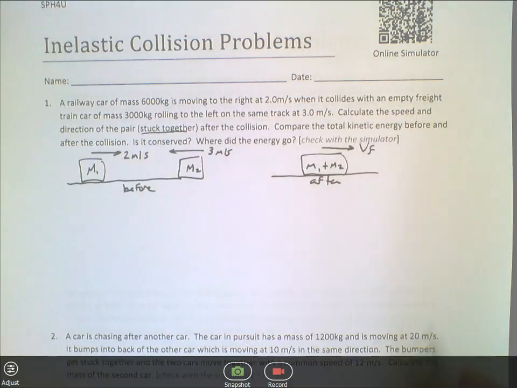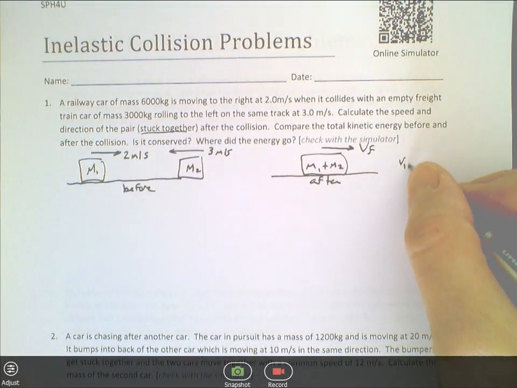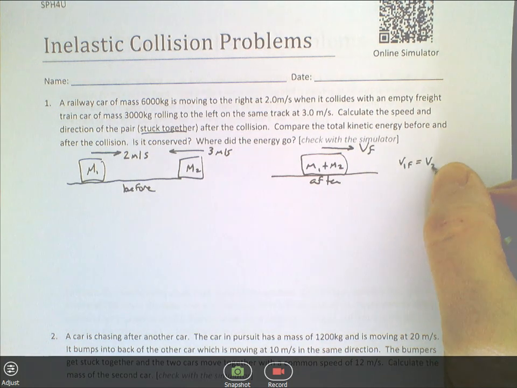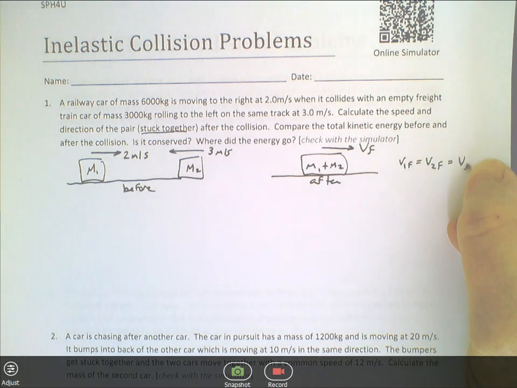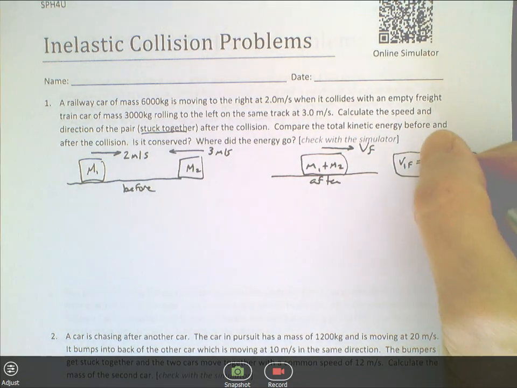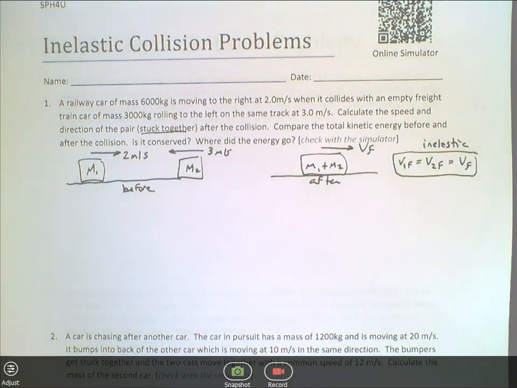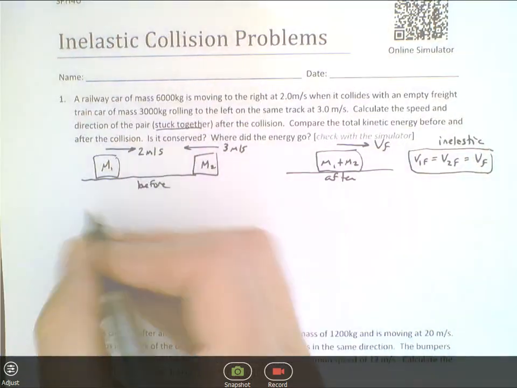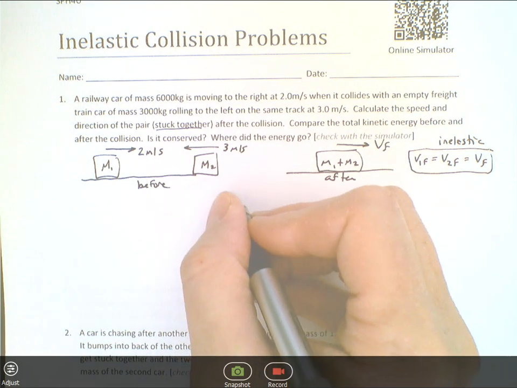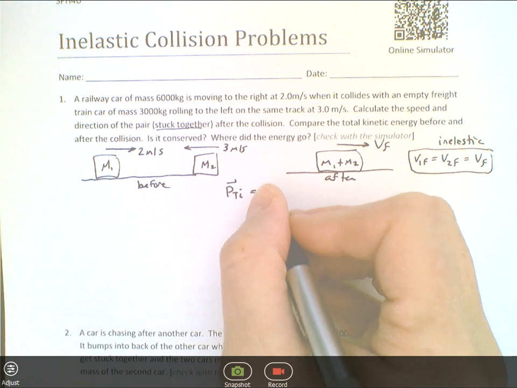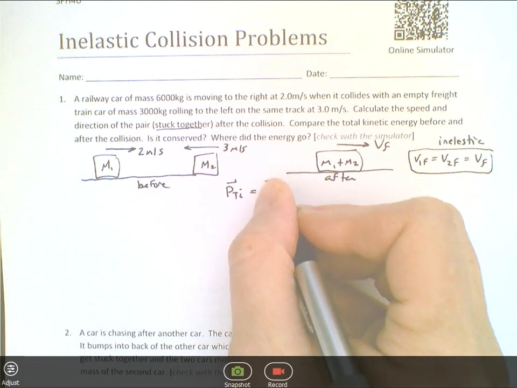Just like before, v1f is equal to v2f equals a common velocity of vf. And this is only for inelastic type problems. Okay, what do we know? Well, we know that the total momentum initial equals the total momentum final.